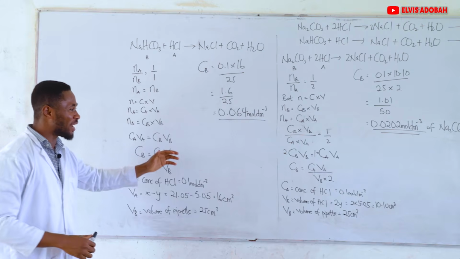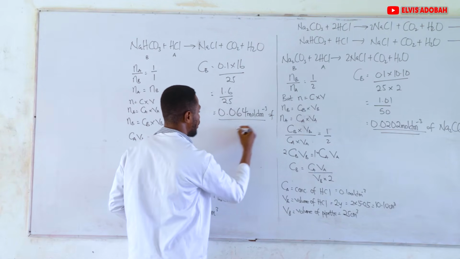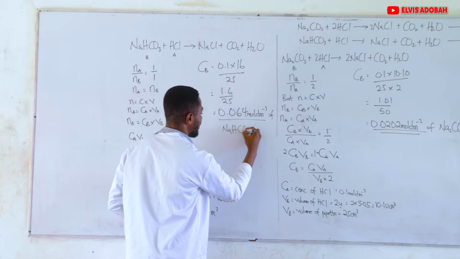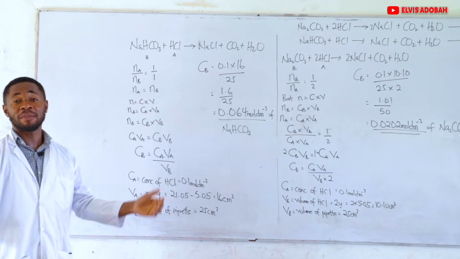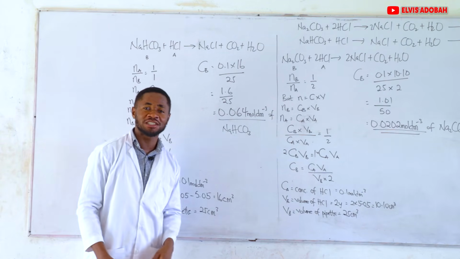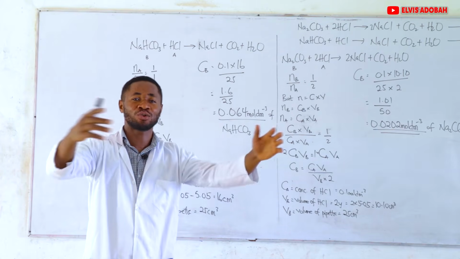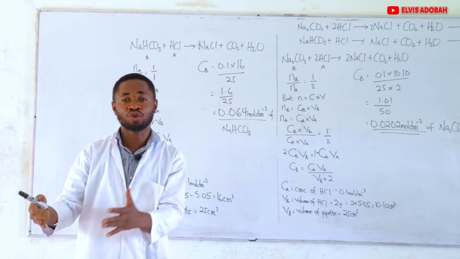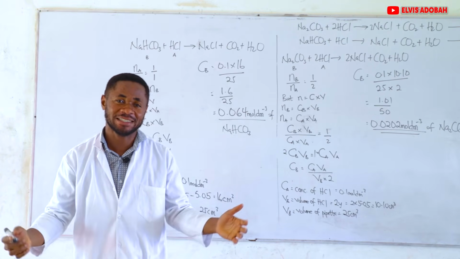So the concentration of sodium bicarbonate has also been calculated. If you want to know the masses, you can use the concentrations and the molar mass to calculate the mass density or mass concentration. Then with the mass concentration and the volume, we can calculate the mass.